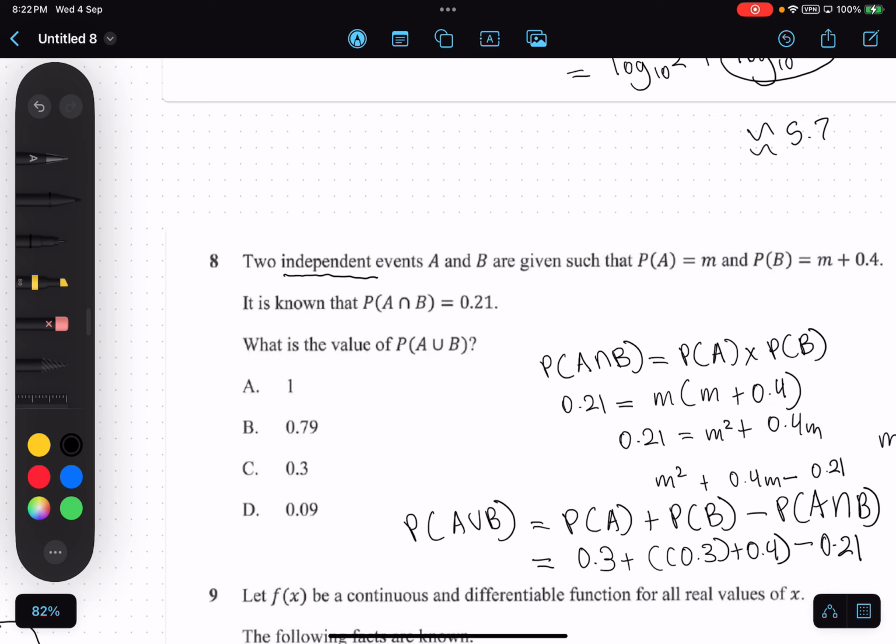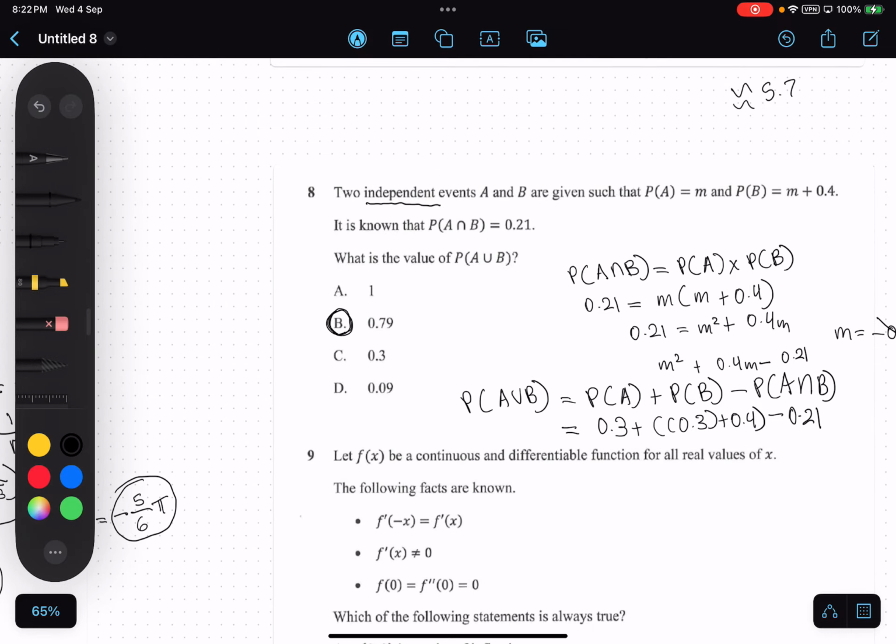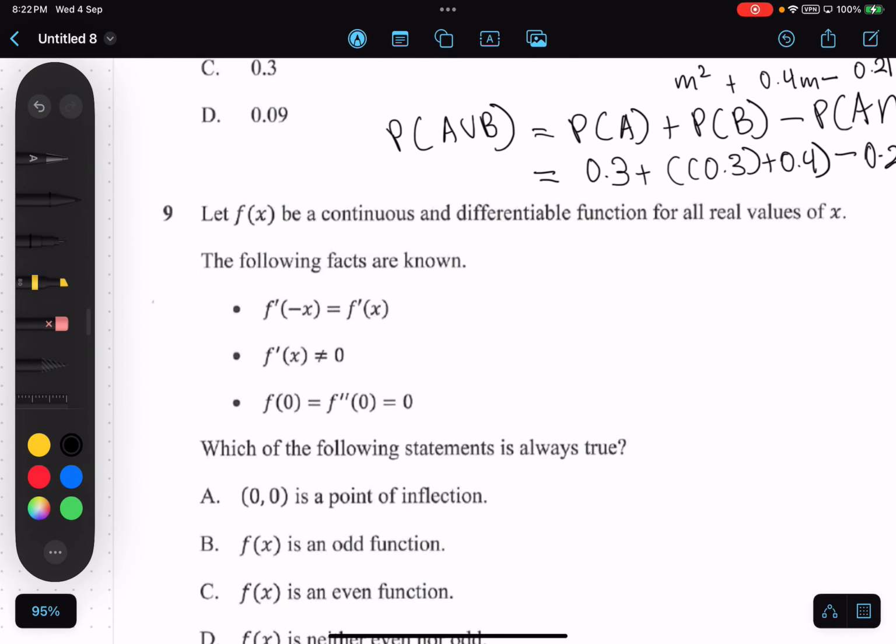And if you do all that, you will eventually get 0.79, which is B. It's a hard one. Alright, question 9. This one's also a hard one.